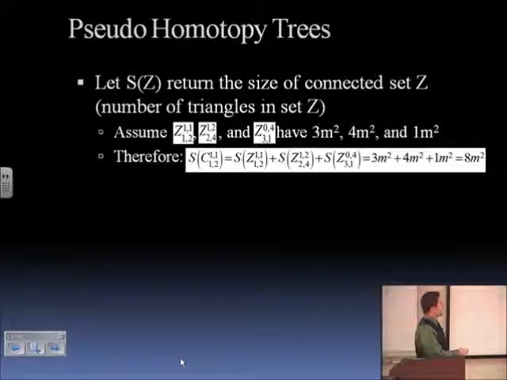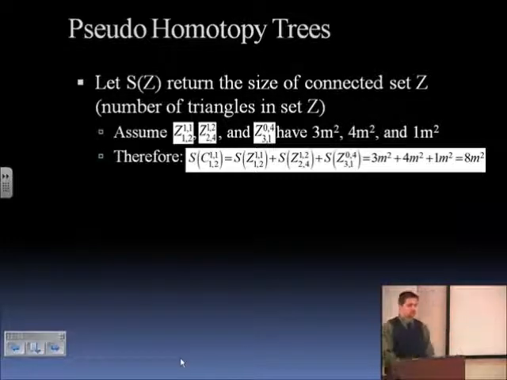Remember I said S of Z returns the size of a given connected set. If we took S of C of 1, 2, the C of 1, 2 refers to this node and this node's children and this node's children's children. So if we assume these guys had areas of 3, 4, and 1 meters squared, then S of C would be the sum of those, or 3 plus 4 plus 1.